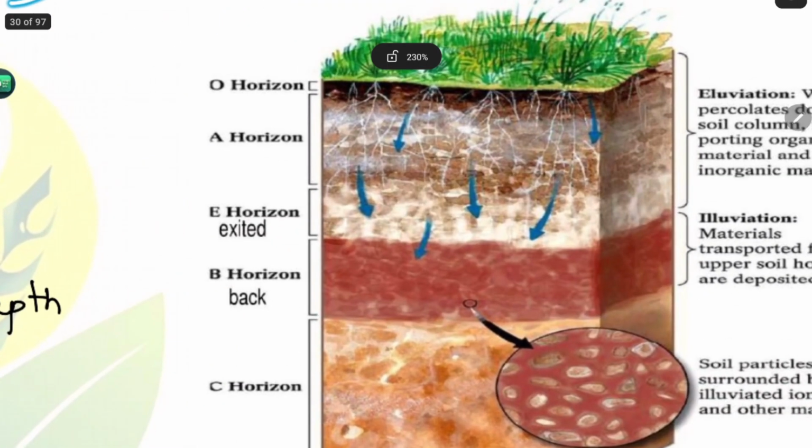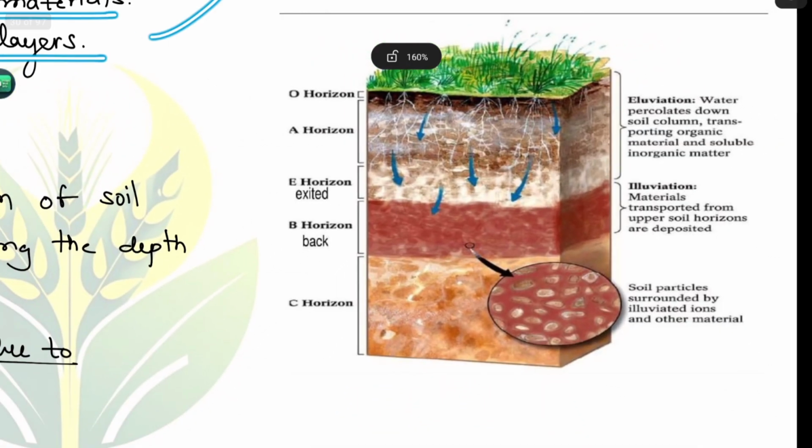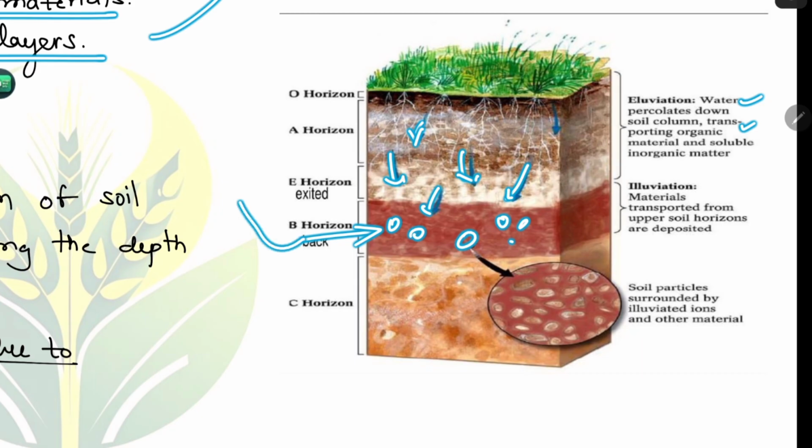So here in the image you can see through water percolation down the soil column, it helps in transportation and deposition of the minerals to the B layer and gets deposited in the B layer. So it is called the I or illuviation horizon.